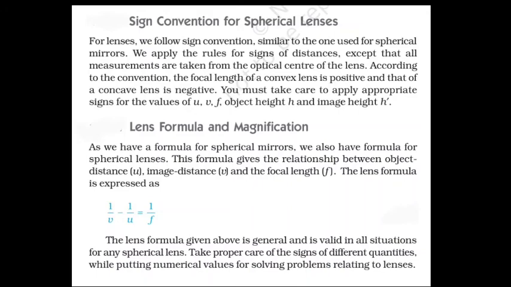It is general and valid in all situations for any spherical lens. Take proper care of the signs of different quantities while putting numerical values for solving problems relating to lenses. So, here we are using the 1/v minus 1/u is equal to 1/f equation.